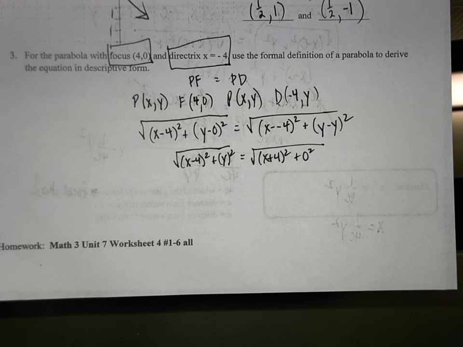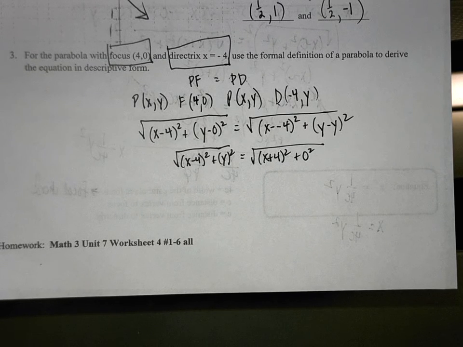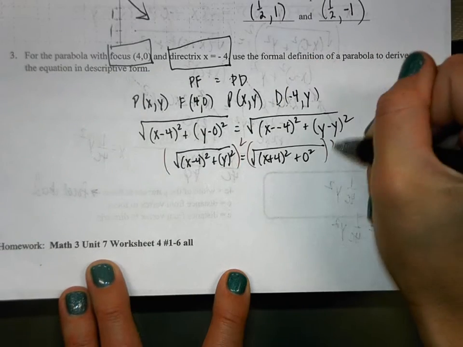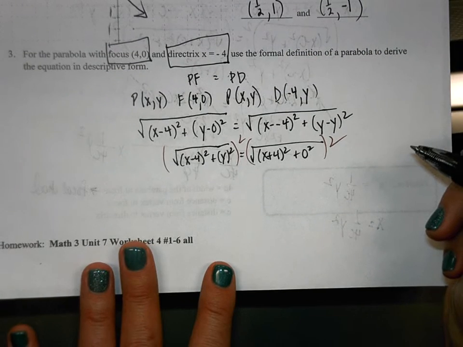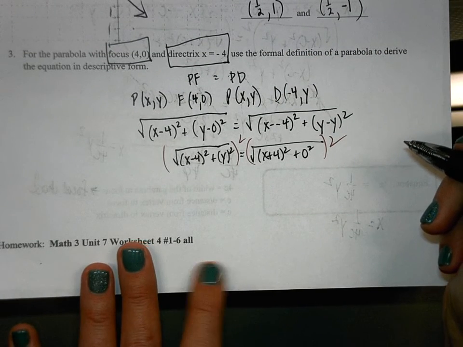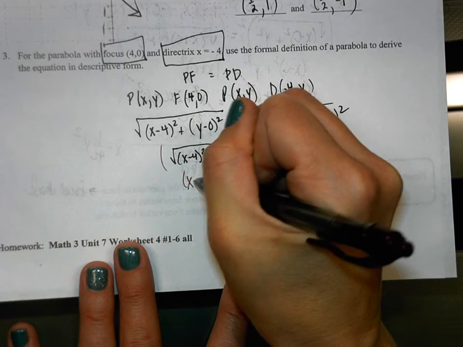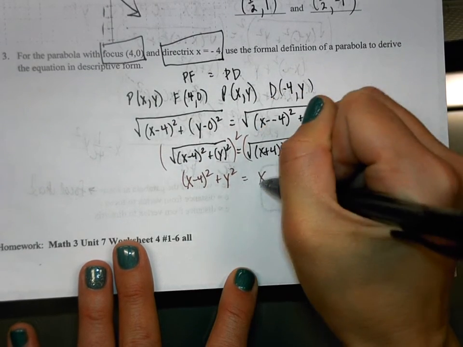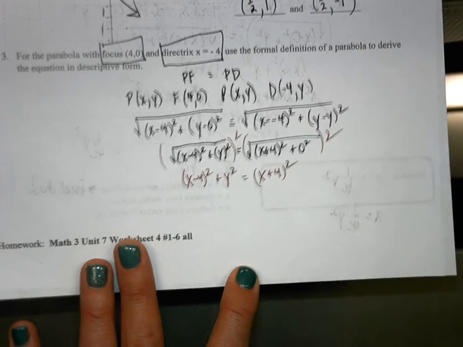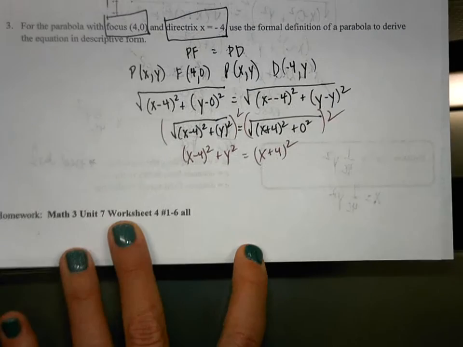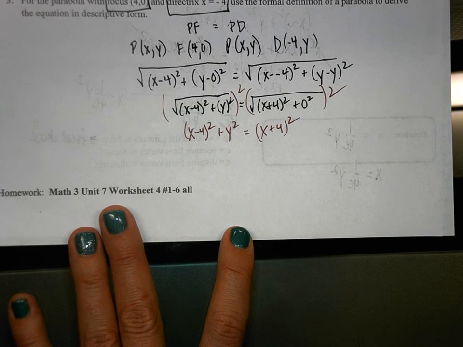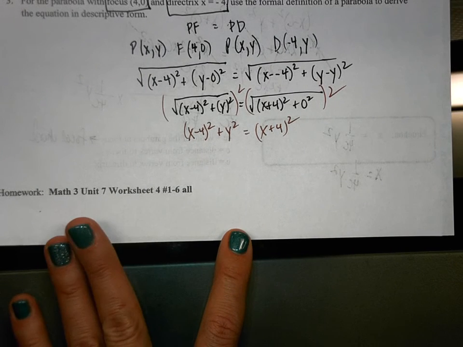How do you get rid of a square root? Square both sides. And so we have x minus 4 squared plus y squared equals x plus 4 squared. When we multiply those out, what do you get for x minus 4 squared?